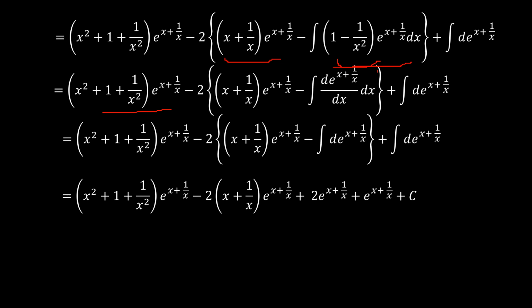Now combining like terms, what results here is x squared minus 2x.